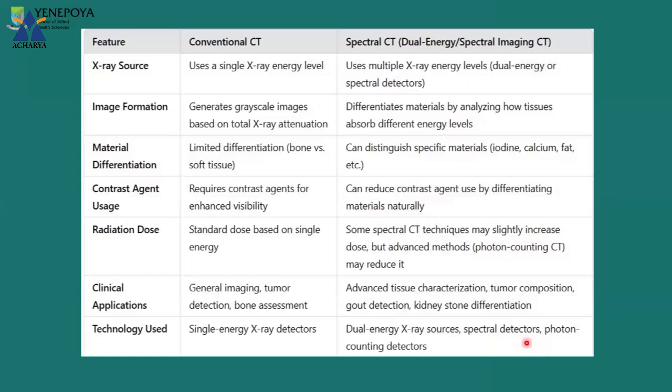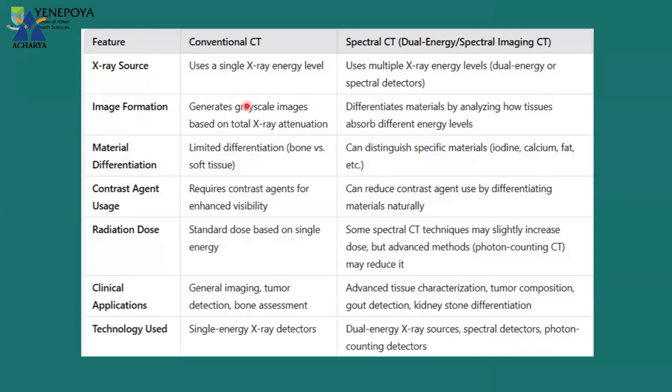But now, when we see the difference between conventional CT and spectral CT, this will give you a very good understanding of how they differ. If you see the X-ray source, in conventional CT you use a single source with a single level of X-ray energy, right?